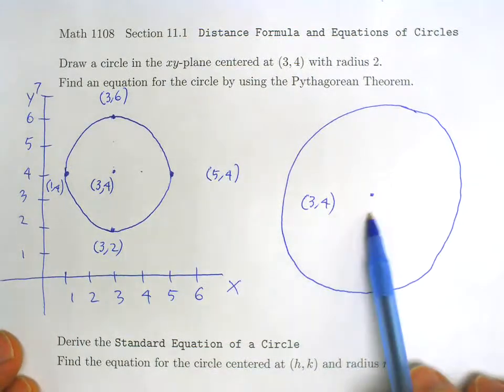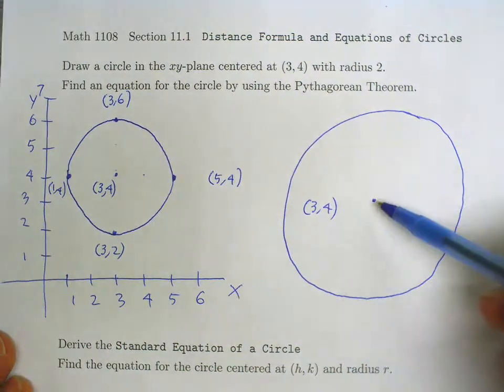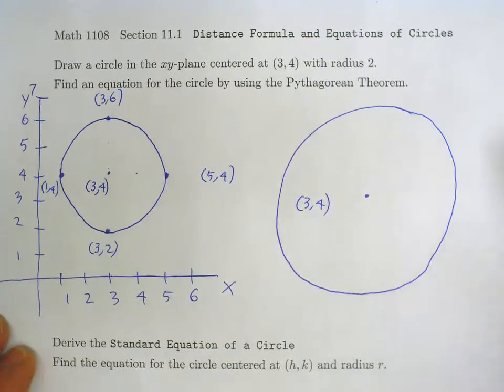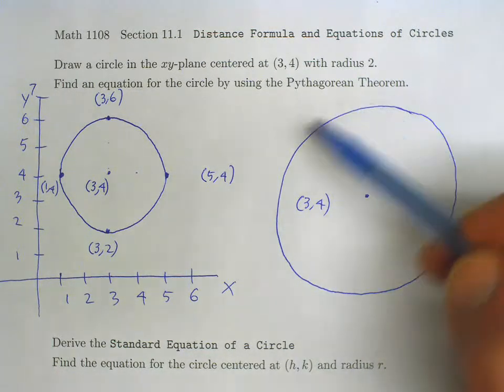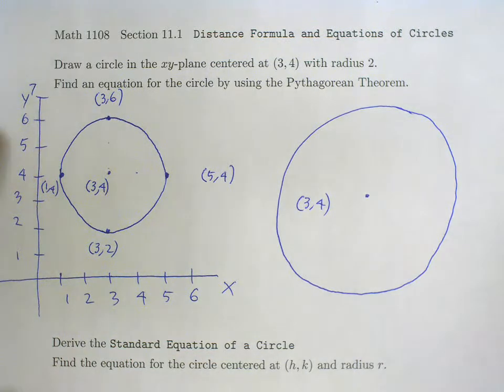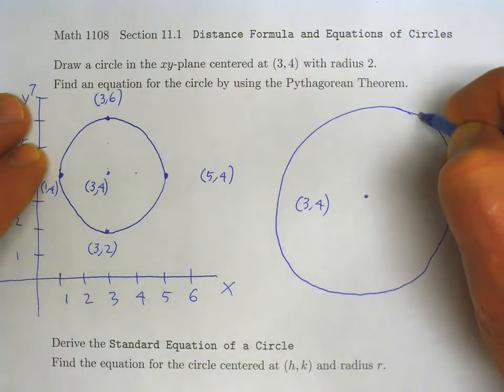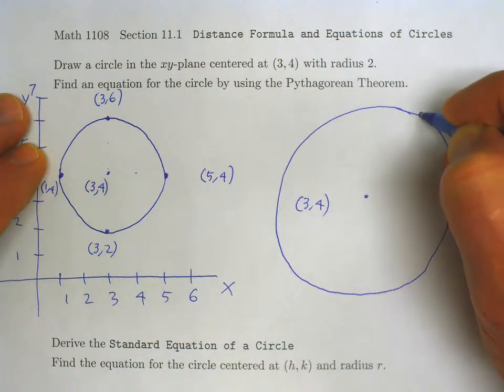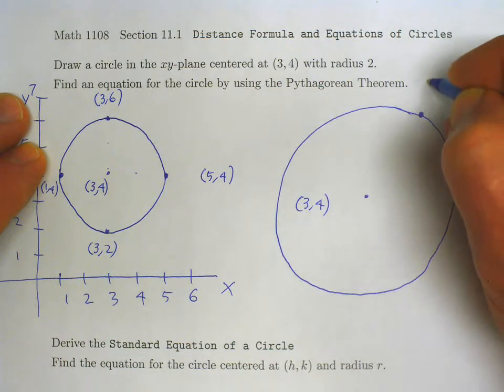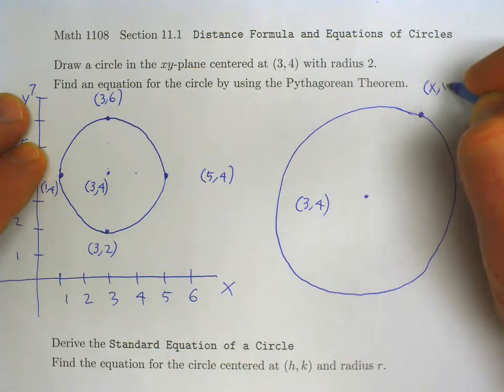The center of the circle is always the same point, but a point on the circle can vary depending upon where you are on the circle. So I'm just going to pick this point, and since a point on the circle varies, I'm going to label this point with the coordinates x, y.